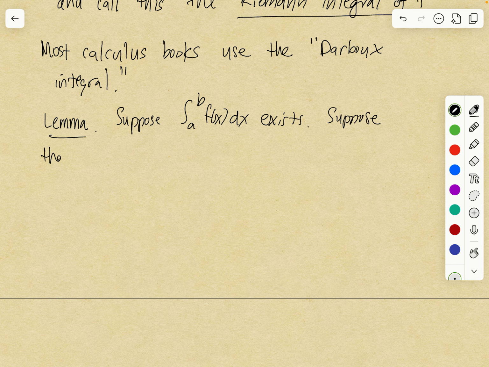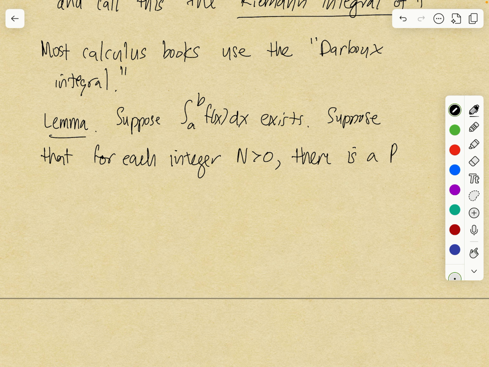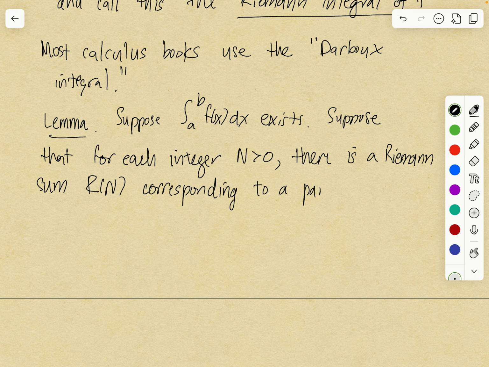Now suppose that for each positive integer n, there is a Riemann sum, say R_n, corresponding to a partition of width 1 over n.